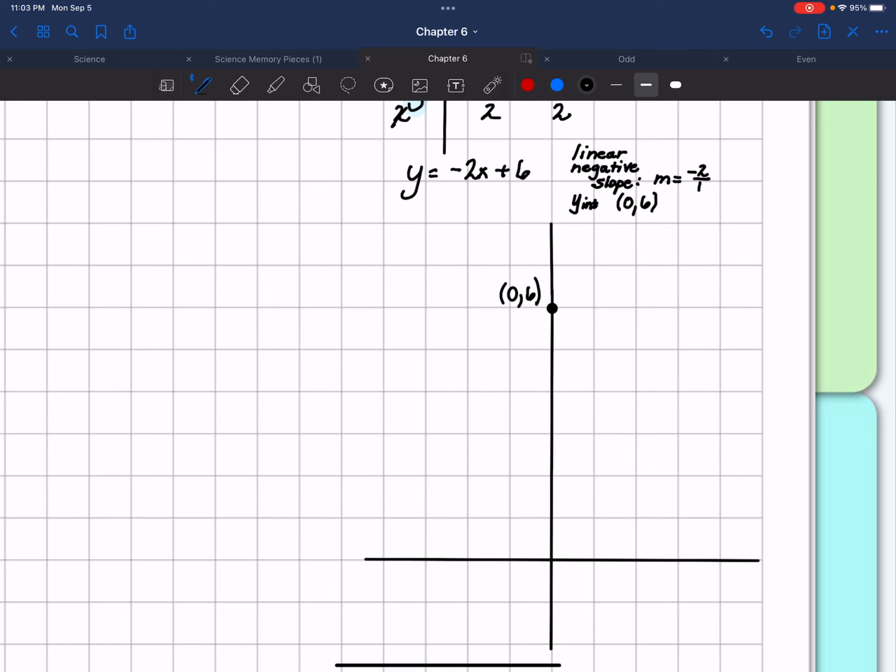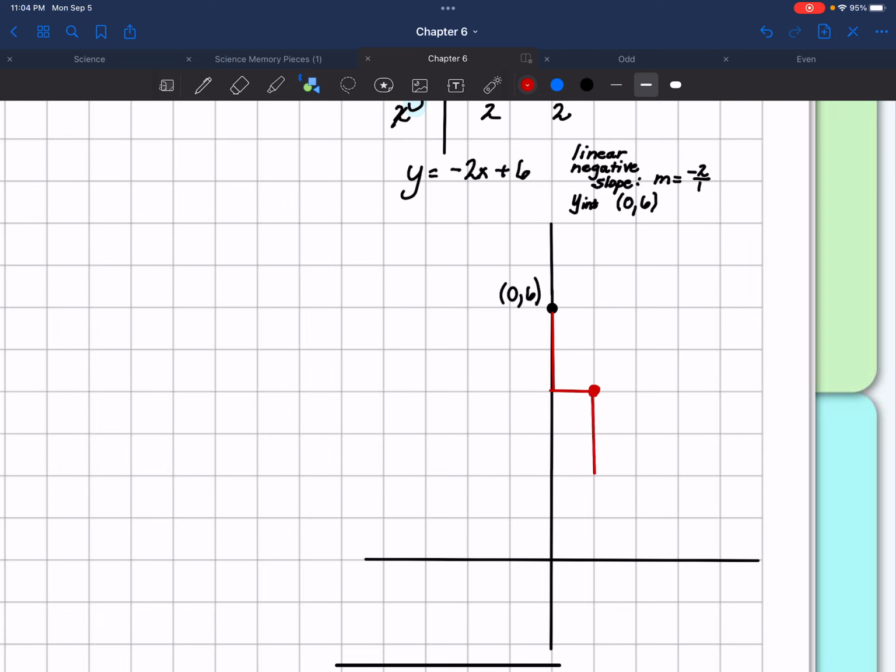Okay, now given that the slope is negative 2 over 1, we can draw that using rise over run. So let me think, I'm going to start here. Fall 2 and run 1 and put a point.